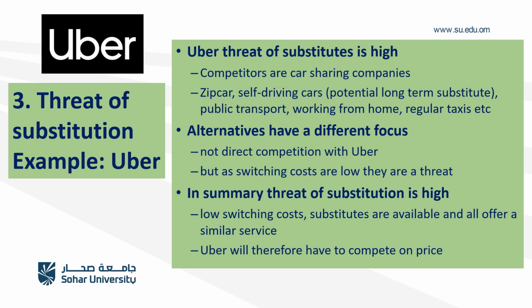So in summary, threat of substitution is high for Uber because of low switching costs. Substitutes are available and all offer a similar service, and Uber will therefore have to compete on the price they offer to customers.